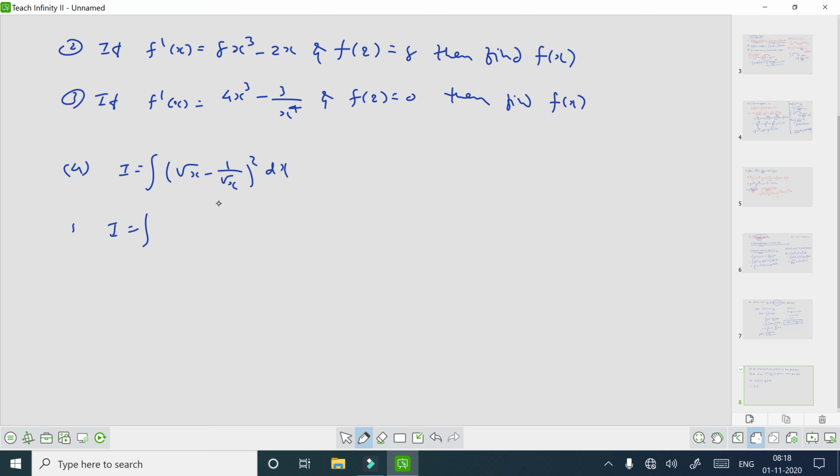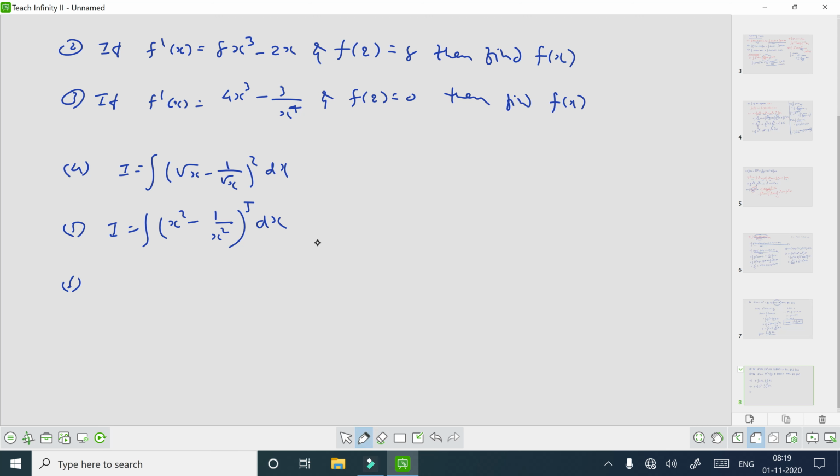Fifth one, I is equal to x square minus 1 by x square raised to 5 into dx. How to expand this one? Some function raised to 5 can be written as some function cube, some function square. Use this form here, then you can solve it.